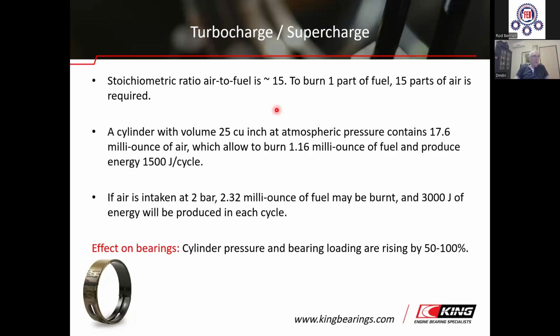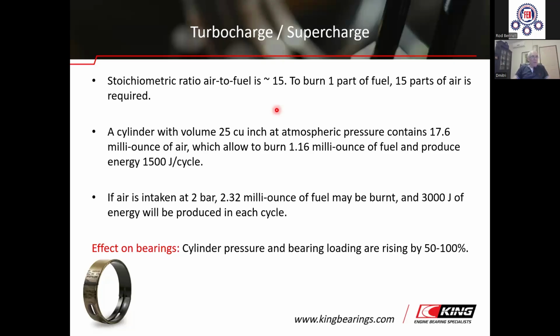Normally, more energy produces higher pressure and higher temperature of the combustion gases. The higher the gas pressure, the greater the loads acting on the bearing, because the gas pressure generates a force acting on the piston, and this force is transmitted through the connecting rod to the upper rod bearing and to the lower main bearings.